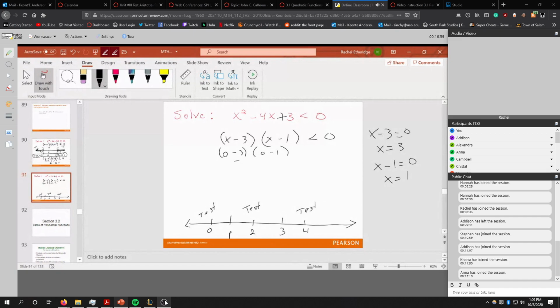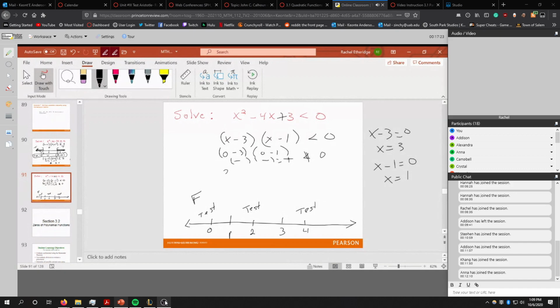That's going to give me a negative times a negative. That's a positive. That's not less than 0. So that's a false. It's not less than 0. So this is false.